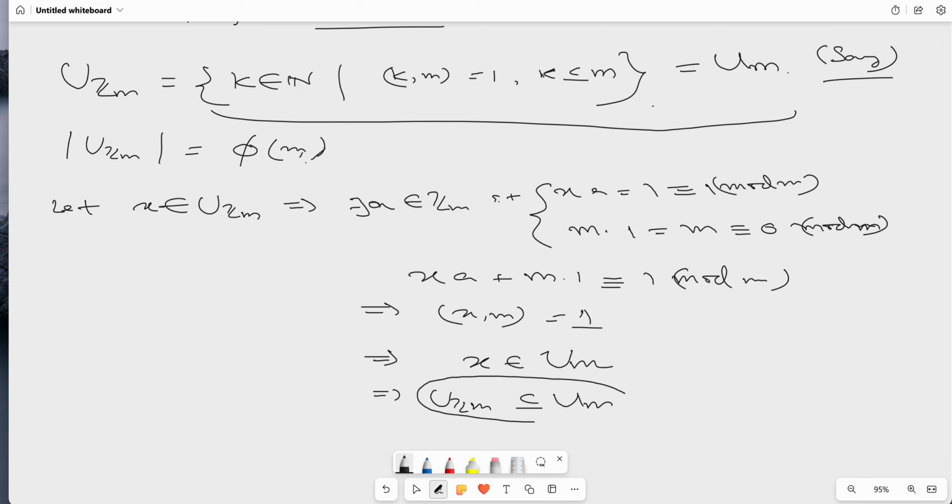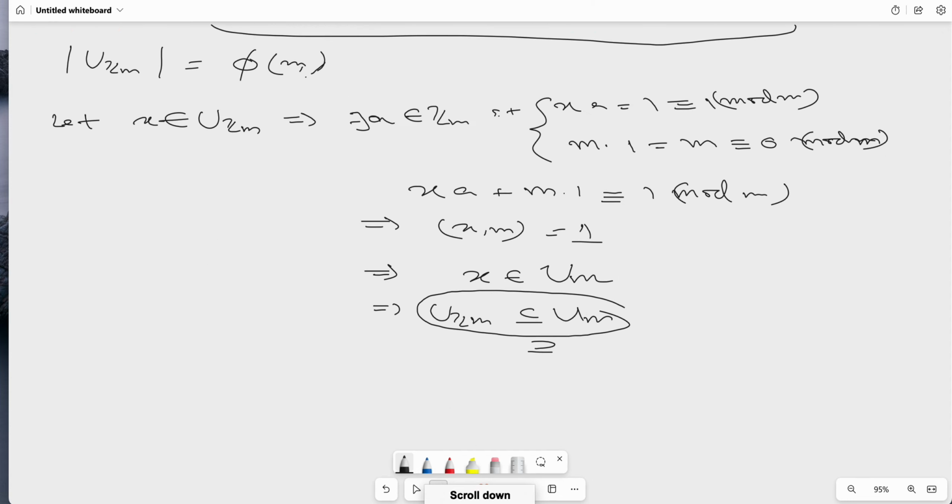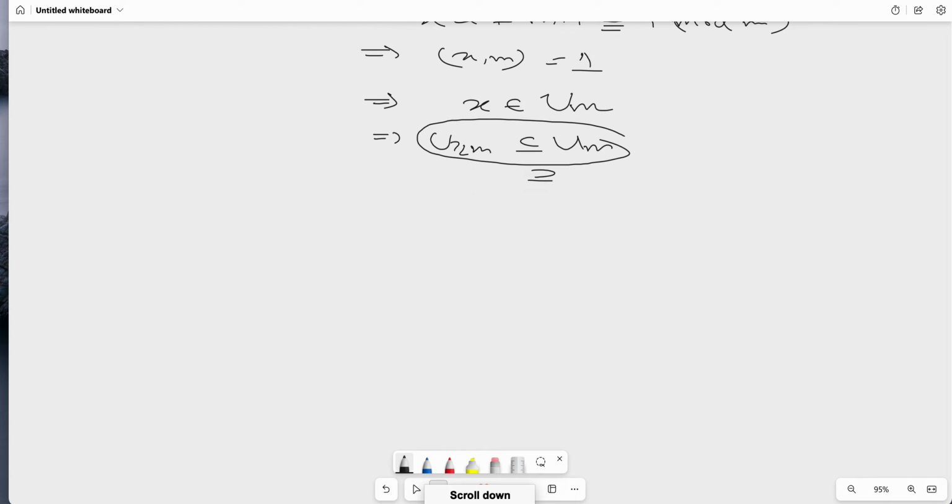Okay, and similarly you can show that this set is also under here. It is very easy to verify; I am giving you a little hint here for the reverse part. Reverse means the other inclusion. So let a be in Um. What does it mean? That the GCD of a comma m is 1, right?